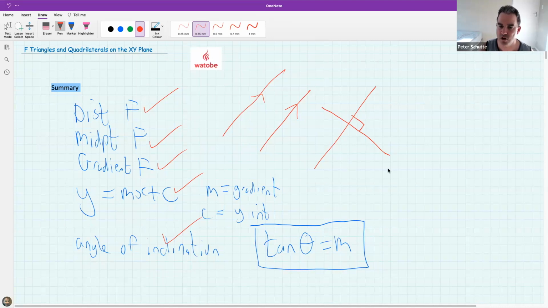We're also going to talk about different types of triangles and different types of quadrilaterals. Quadrilaterals have 4 sides and triangles have 3 sides. So the blue stuff is what we've done, and the red stuff is where we're going.